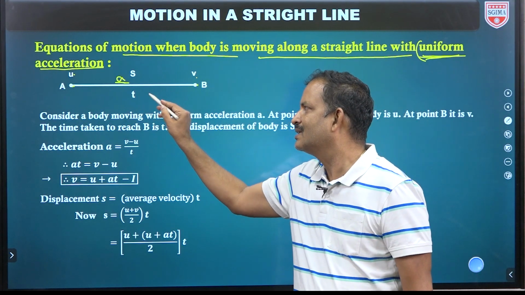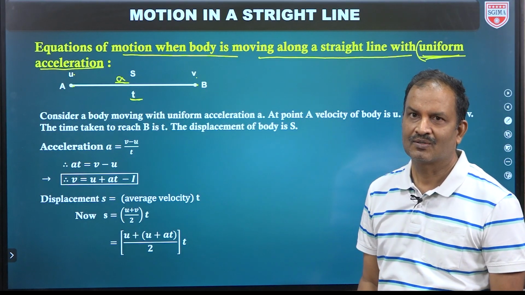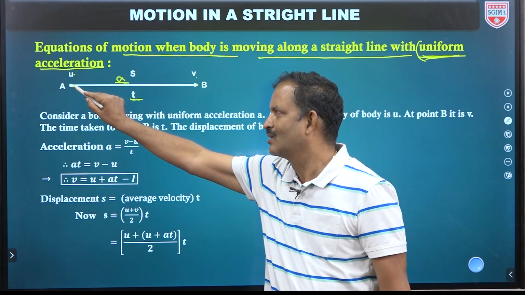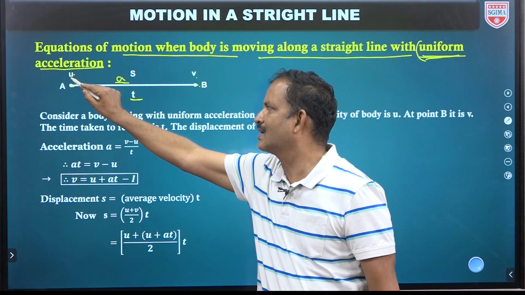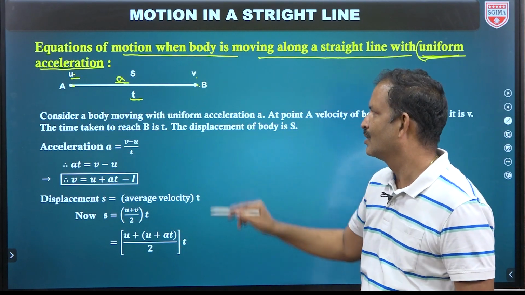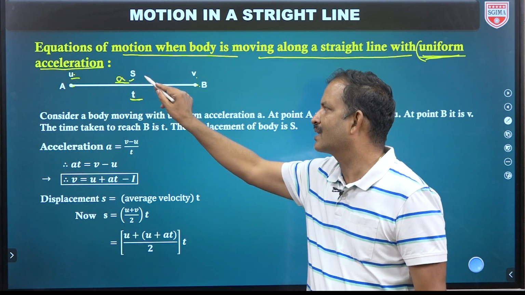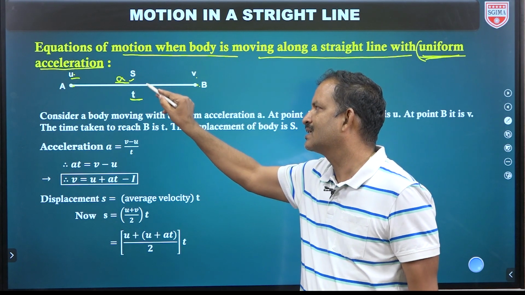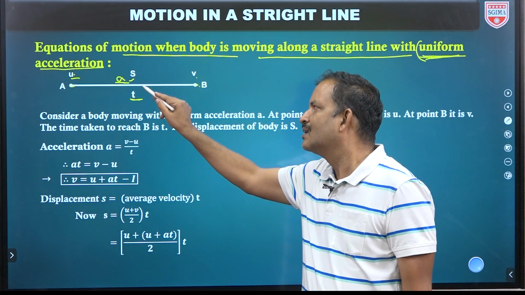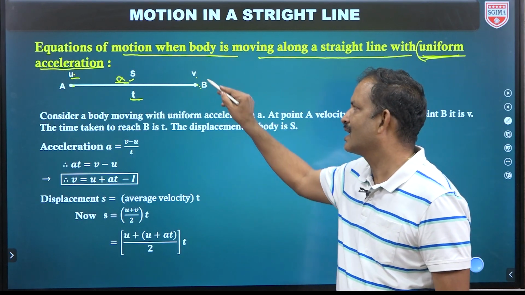This motion is completed in t seconds. So the body is moving from A to B, started with initial velocity u, with acceleration a, after traveling s distance, because distance and displacement are the same, in t seconds it reaches point B with velocity v.